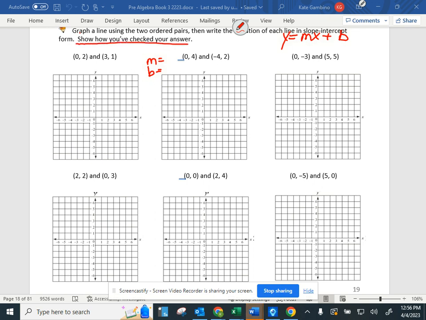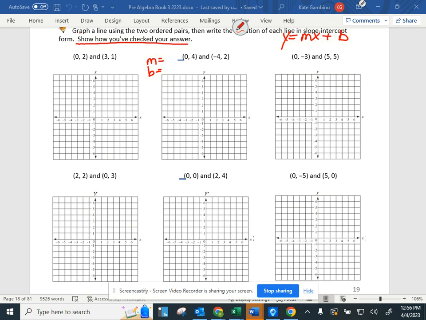On here it says show how you've checked your answer. On this first one, I do want you checking your answer like I did. Take one ordered pair that's on the line, plug it in and show me that the one side equals the other side. Okay, you only have to do one ordered pair.